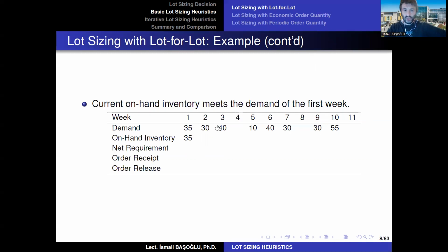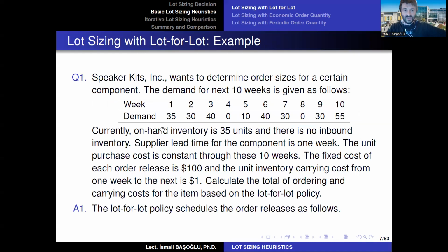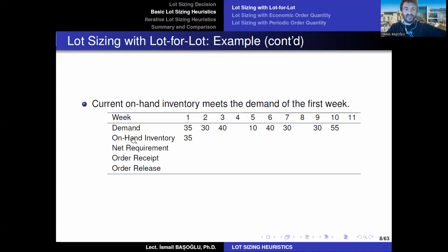So in the first row, we have the demand information as given in the question. And in the second row, we are going to write the on-hand inventory levels. And right now, in the beginning of the first week, we have 35 units of inventory. That will create a zero net requirement, obviously, in the first week, because the on-hand inventory can meet the demand of the first period.